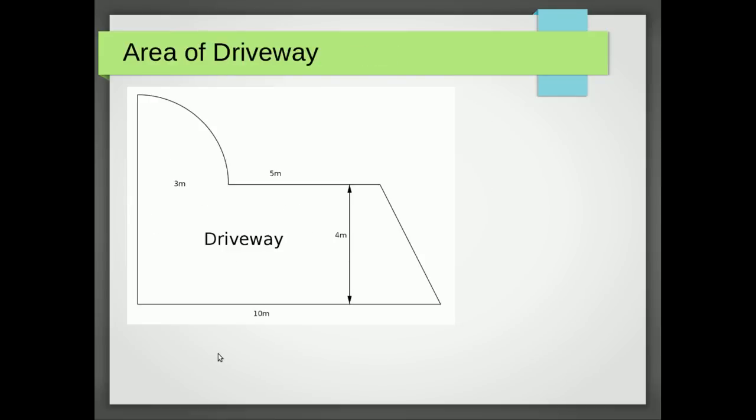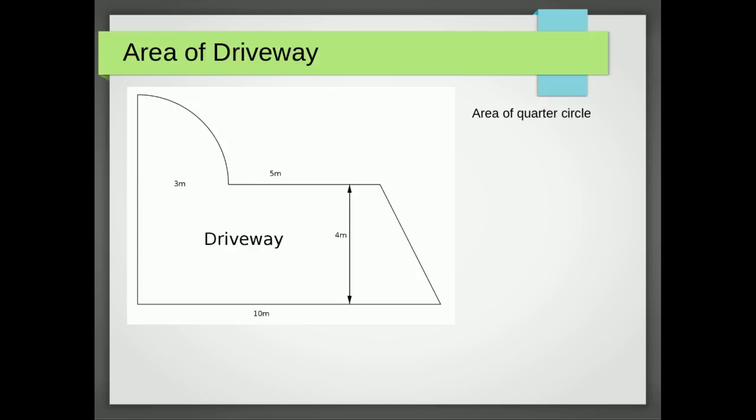So now we want to work out the area of this driveway, and if we look carefully we can see that the driveway is made up of a quarter circle here of radius 3 metres and a trapezium here with one parallel side length 10 and another one with side 8, the 5 plus the 3.